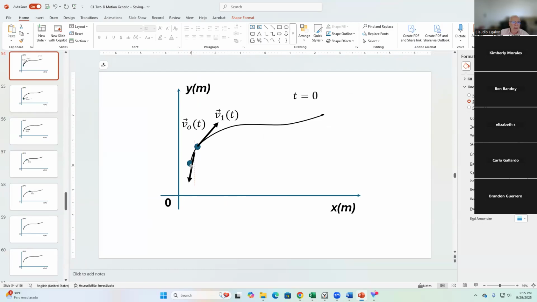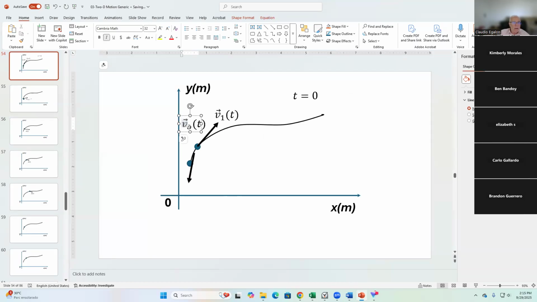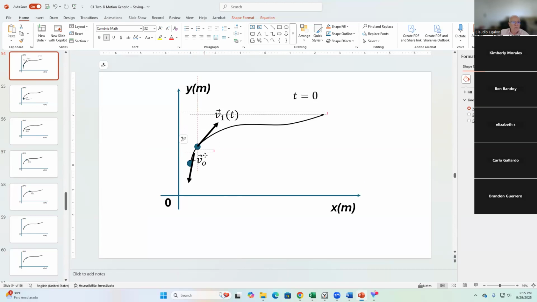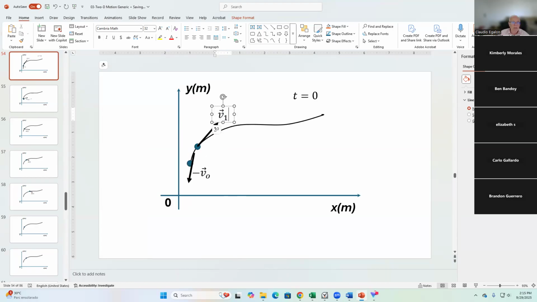That's my minus V initial vector. And I've got to put a negative right in here. And I'm going to erase this t as a function of t because V0 is not a function of t, right? V0 is a constant. V1 also is not a function of t. It's just the generic velocity vector that is a function of t.